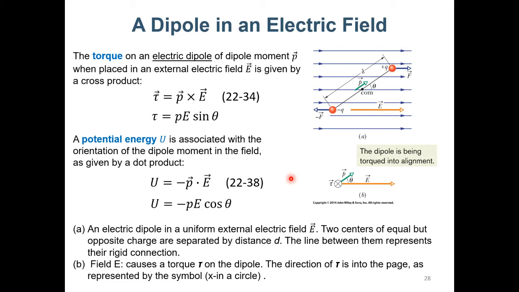And as you know, cosine is between minus 1 and 1, so you can imagine the energy will be between minus PE and plus PE.